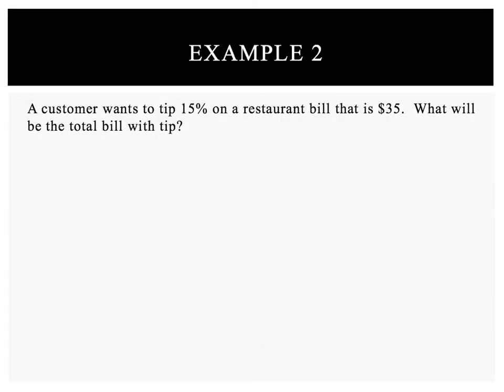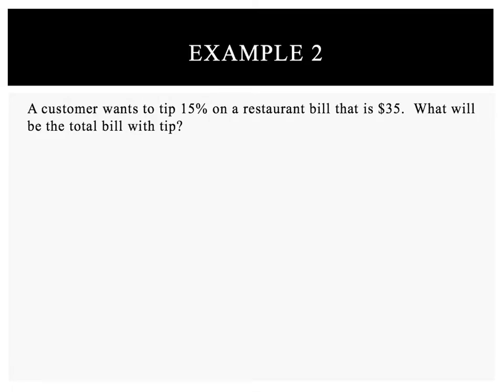So let's look at our second problem. It says that a customer wants to tip 15% on a restaurant bill that is $35. What will the total bill with tip be?